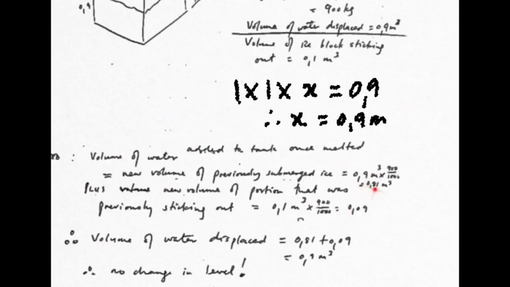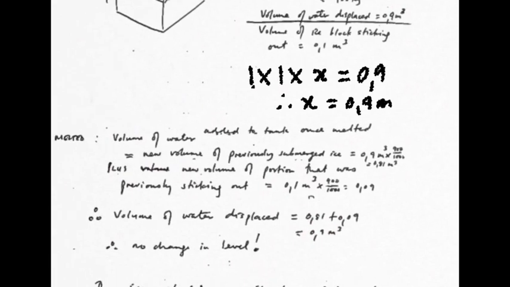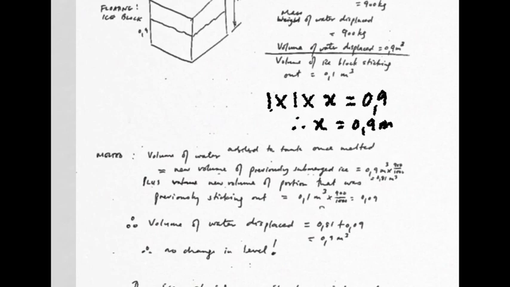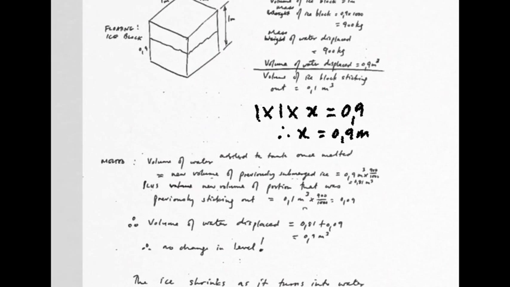Now if you add the 0.81 to 0.09, you will get to 0.9 cubic meters. And remember that that was what was displaced in the first place, so there would be no change in the level of the surface of the water. The 0.9 cubic meters fits precisely in the 0.9 cubic meters that was originally displaced. So amazingly, when ice melts and becomes water, there is no change in the surface level of the water.